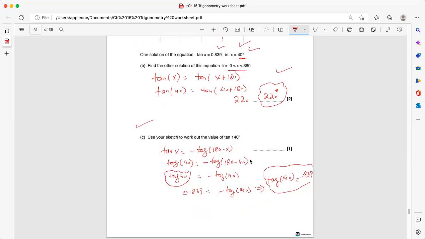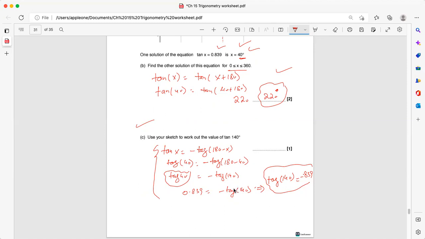But I'm showing it with the help of the formula as well, and I have told you that if the question is asking you to use a sketch or graph, then you do the question with the help of the graph. But you can use a calculator or formulas to confirm your answer. So the formula is tan x equals minus tan 180 minus x. So tan 40 is minus tan 140.